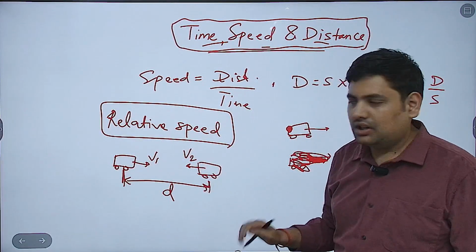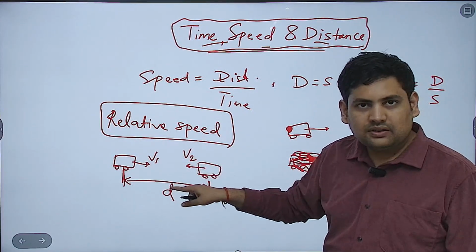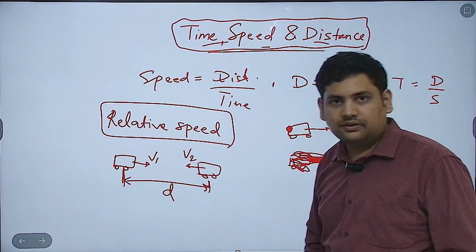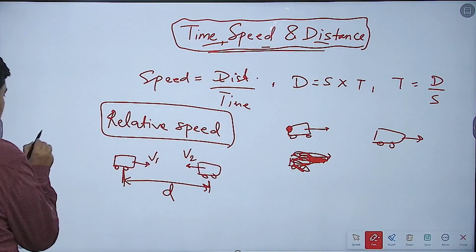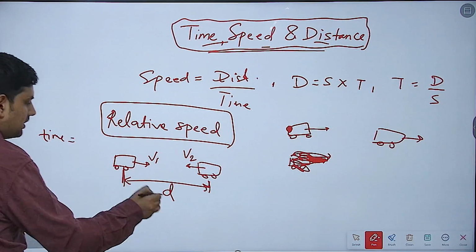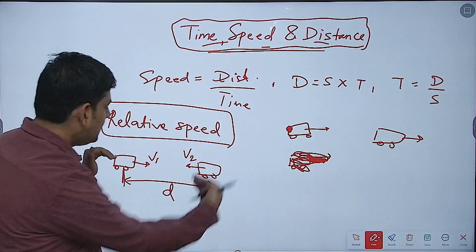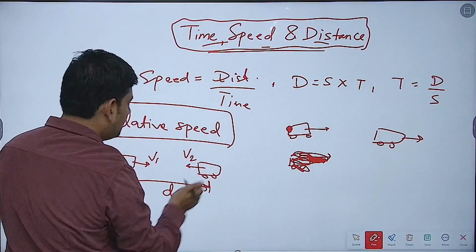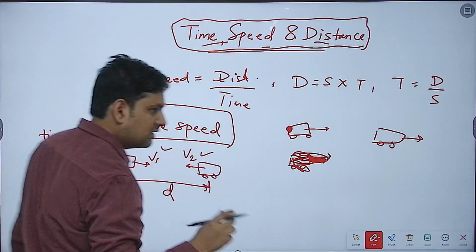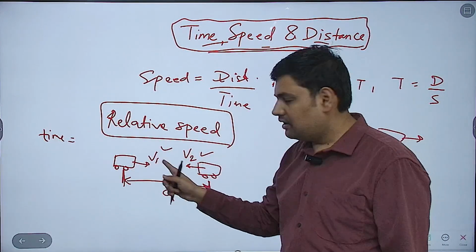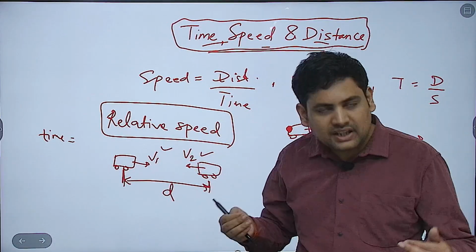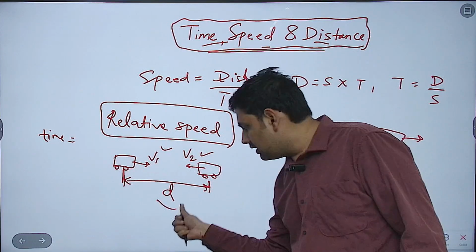Now how much time will it take to cover this distance? You can see that both of them are moving towards each other, that is, the motion of both cars is getting combined to cover this distance.